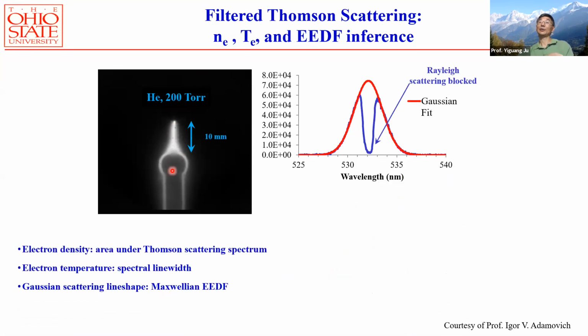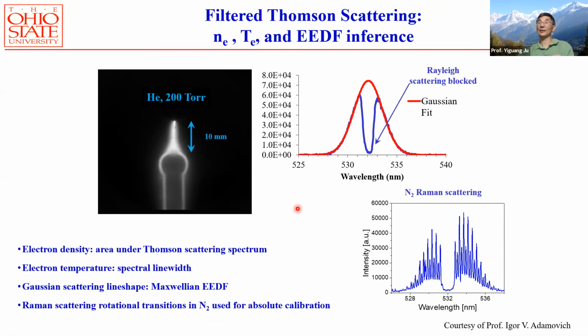Using Thomson scattering, by blocking the 532 nanometers, he measured electron number density and distribution function. So this is the Raman signal.